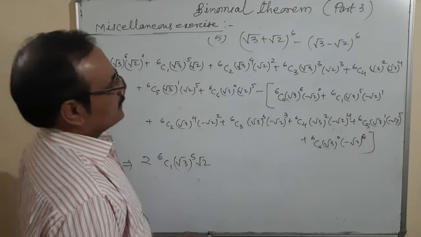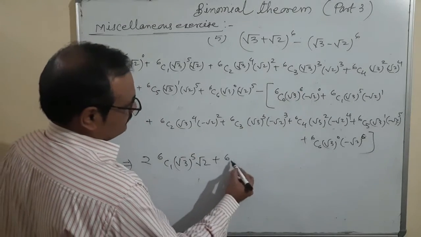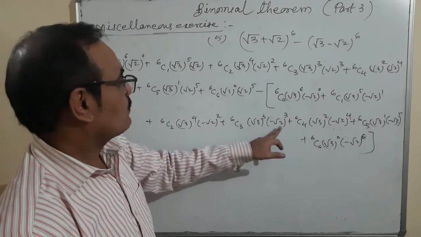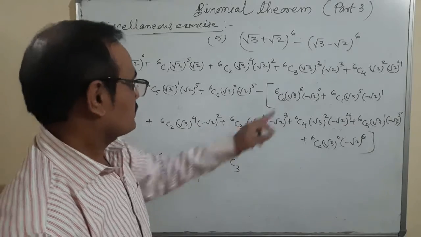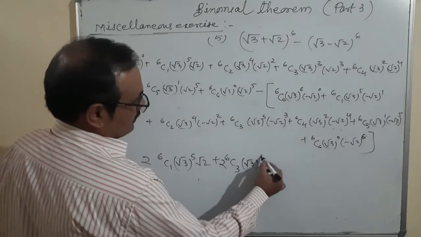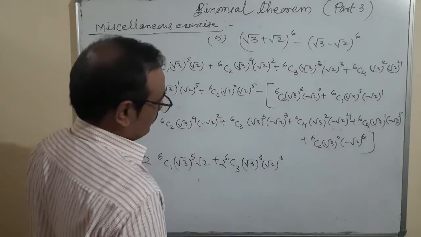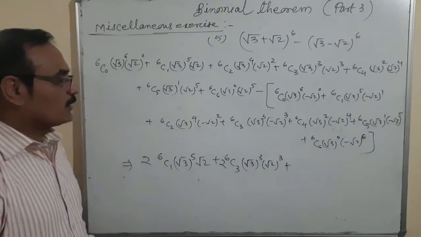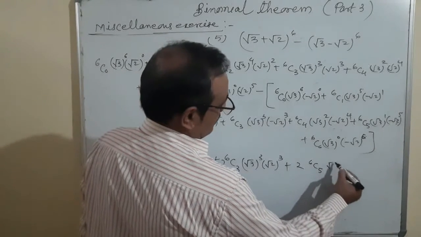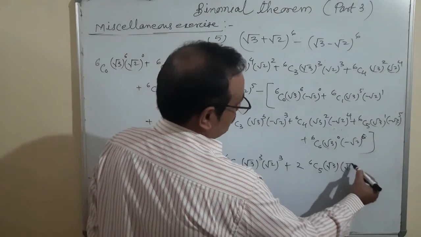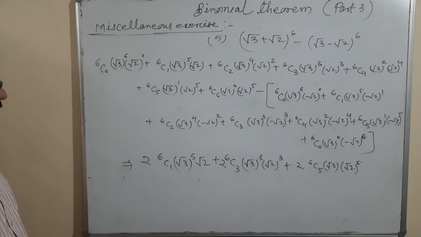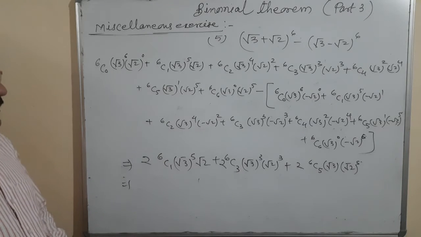Now 6C3 is coming. Here root 3 to the power 3, and the minus sign comes out, it becomes plus, so it would be added: 2 6C3 (root 3)^3 (root 2)^3. Okay, now next, 6C4 will cancel. 6C5, so 2 6C5 (root 3)^1 (root 2)^5. Okay, and finally the last term will also cancel. So this is the value of it.